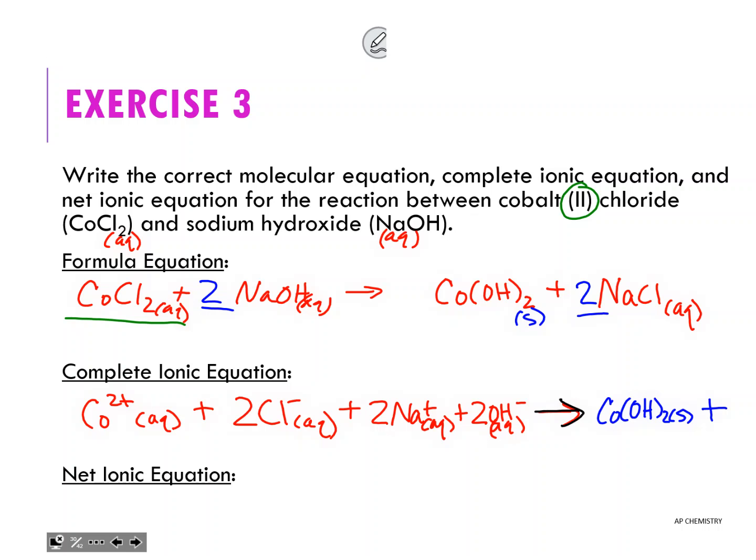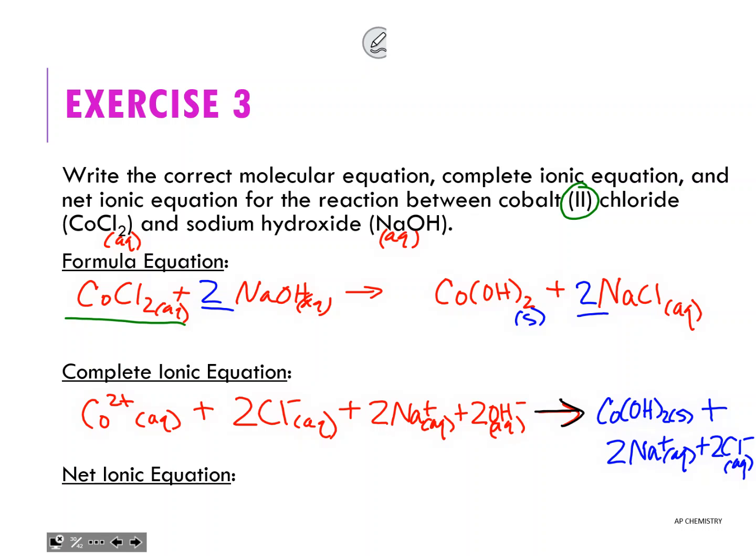Now, over here, the sodium chloride, it's going to do what? It's going to break apart. So we get 2 sodiums and 2 chlorides. Same idea here. We need 2 to make the reaction work because of the balancing, because of the coefficient. So we also have to include that in here.